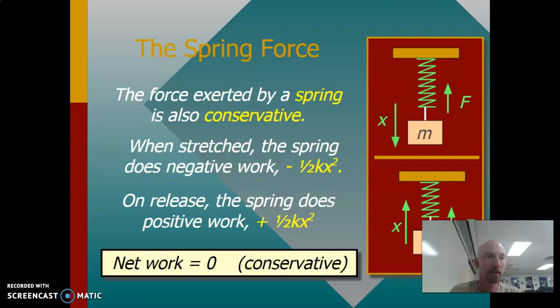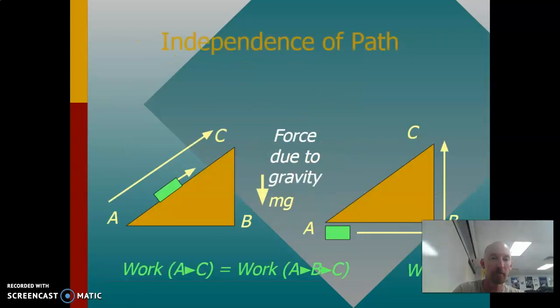We talked about the fact that as a spring goes up, gravity's pulling it down, and as the block goes down, the spring's pulling it up. So there are always forces working in opposite directions. Don't worry about it. I know it's crazy. It's okay. We're going to be all right.